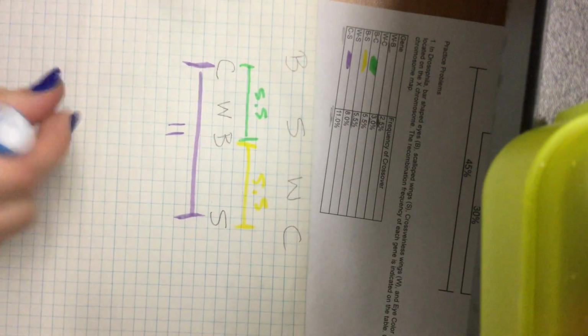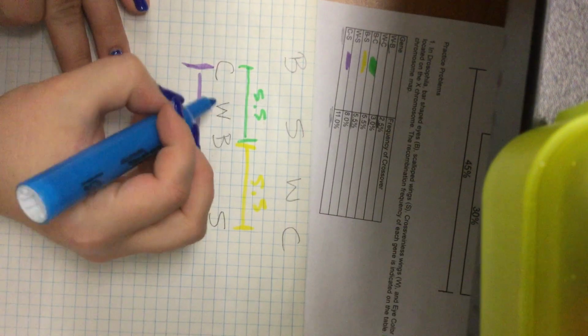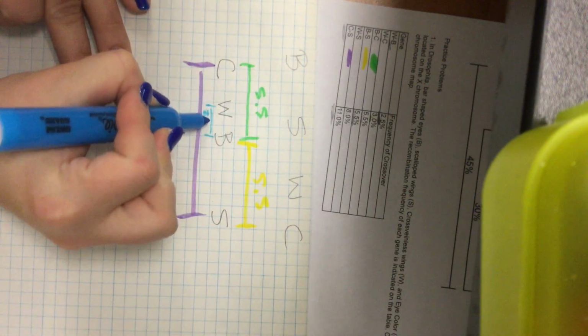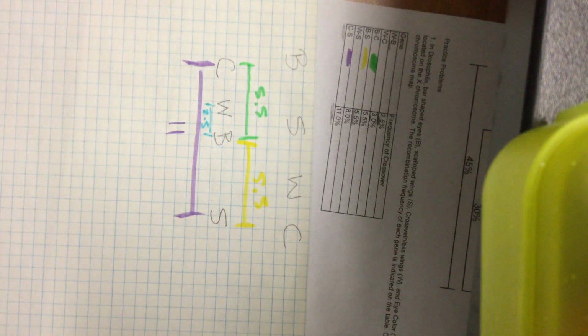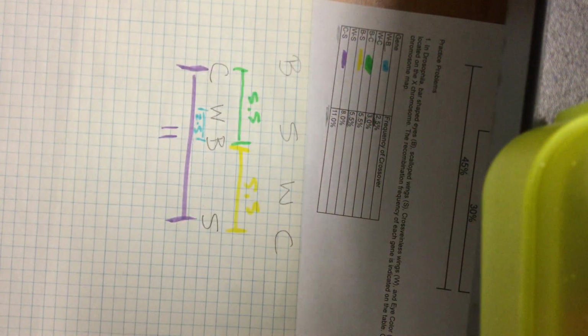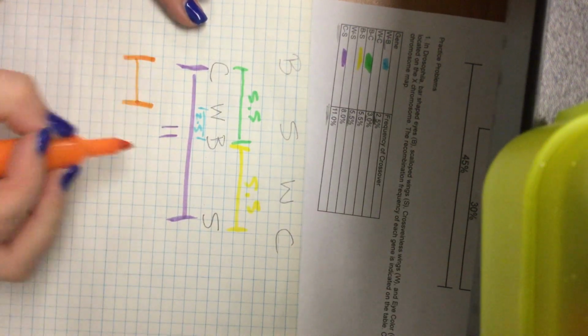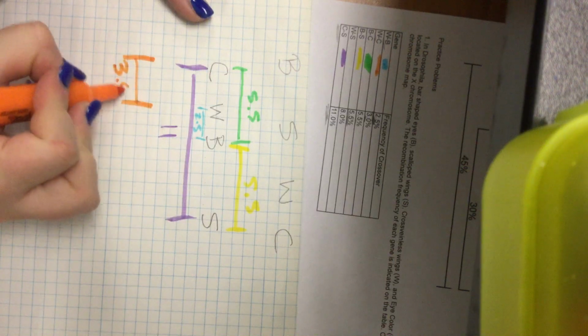So the difference between W and B is 2.5. What is the distance between W and C? Here's C, there's W. I'm writing it down here so I don't confuse you. That's about 3.